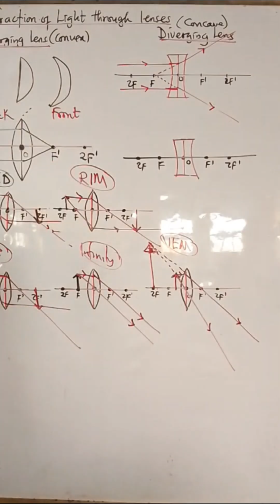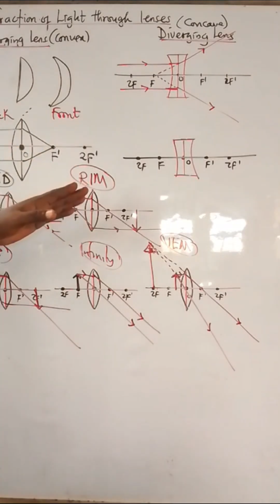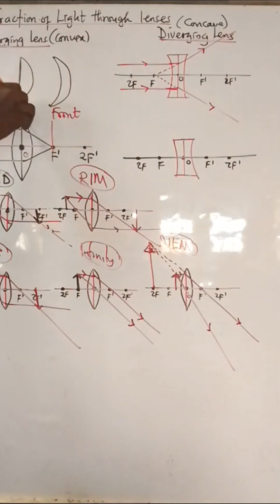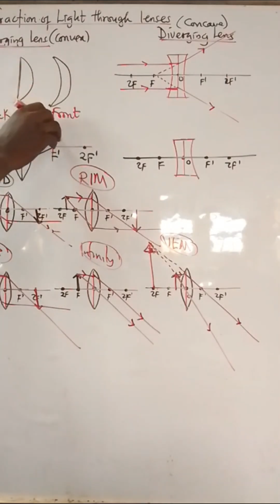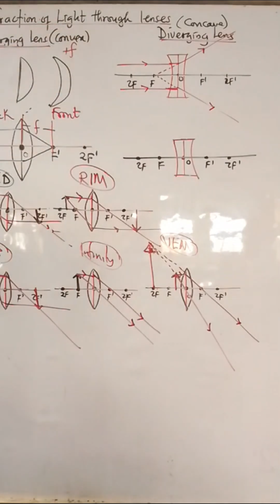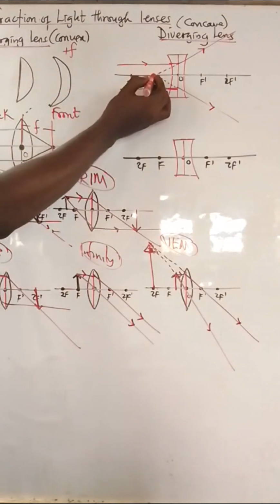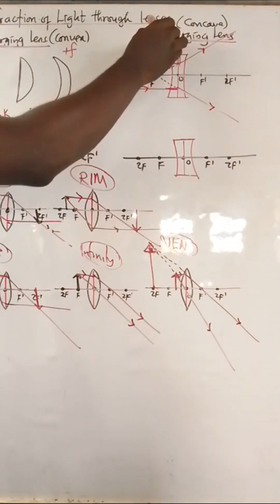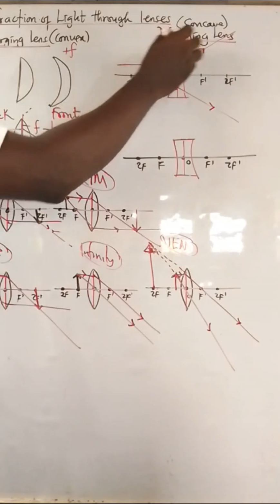But look at this. For a converging lens, the principal focus is where? At the front. Then the focal length, which is the distance between F and O, is going to be positive. Positive focal length. But for this one, the focal point is at the back. So the focal length F is at the back, so it's going to be negative.